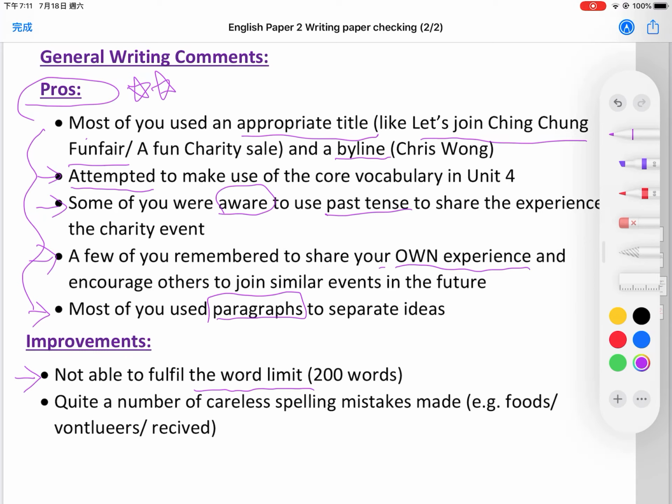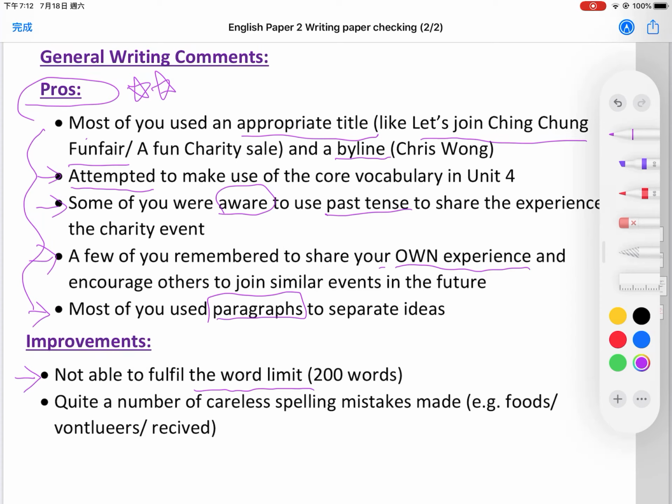It also means that you may not have enough content to share with me, so that, not enough content, then the task is not fulfilled.